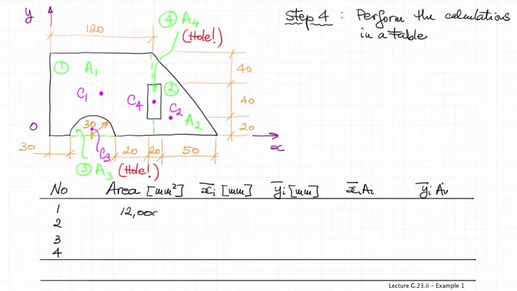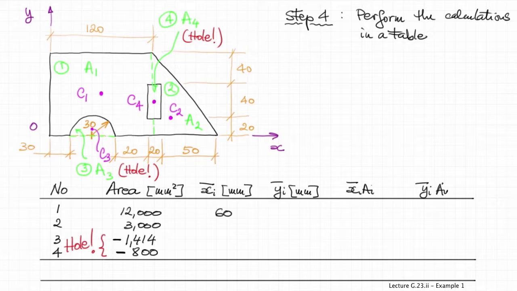We have 4 areas. Area 1 is 12,000 millimeters square. The second area is 3,000 millimeters square. The third area is 1,414 millimeters square, but negative because it's a hole, and the same, a negative area of minus 800 millimeters square for area number 4, which is also a hole.